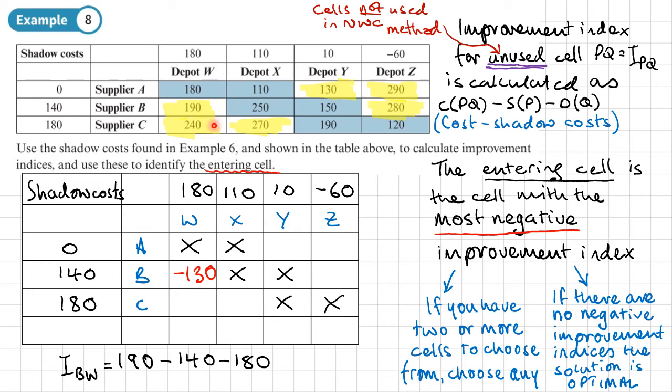The improvement index for this cell would be 240 minus 180 minus 180. That's negative 120.